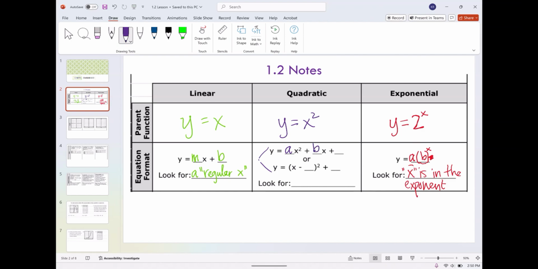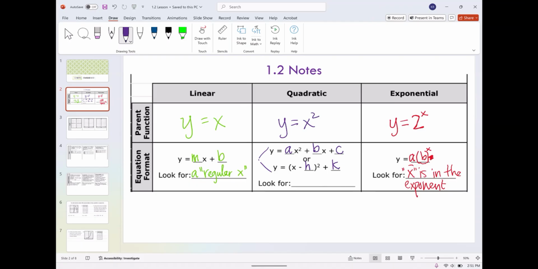It's ax squared plus bx plus c is the standard form. And then we'll also learn about this next form, which is a(x minus h) squared plus k. That's vertex form, but we'll learn more about that in the future.